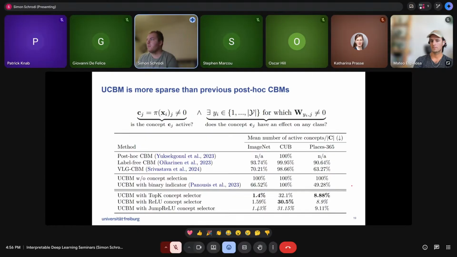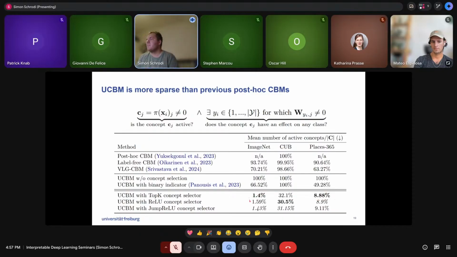Now coming to the concept selectors that we did, we see large drops in this metric, where for example in ImageNet, only 1.4% of the concepts are used. One important bit to put this number into context: in this case, these methods roughly use 4,500 concepts, ours use 3,000. So the total number of concepts is even lower, but also in relative terms it is lower.